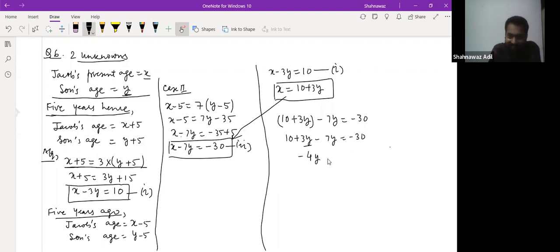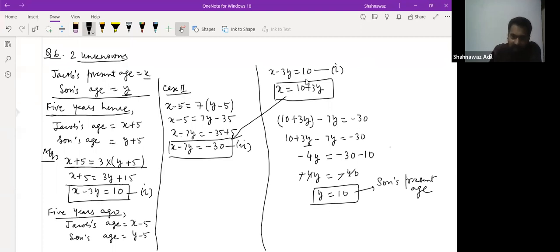So 30 and minus 2... right, so 4Y is minus 40, so Y is 10. This was the son's present age.